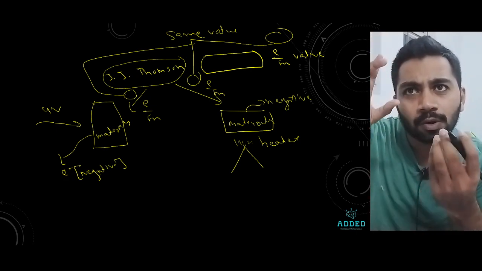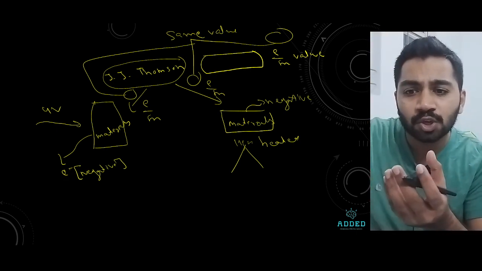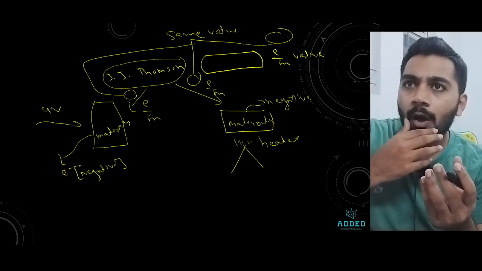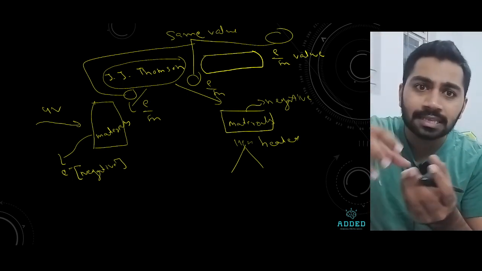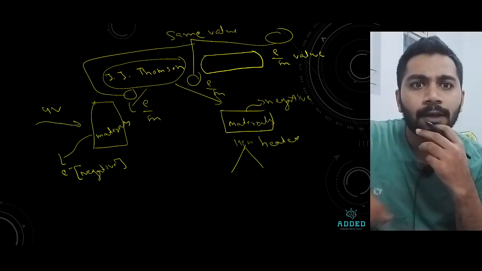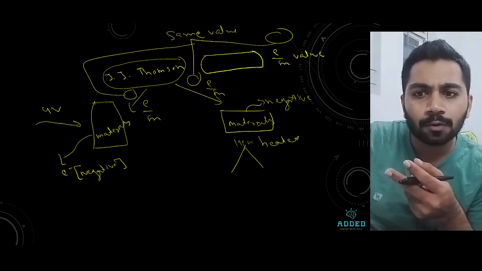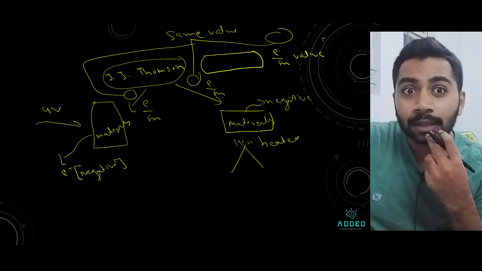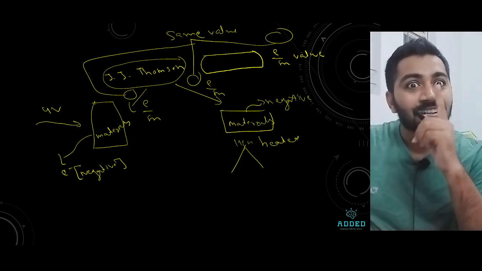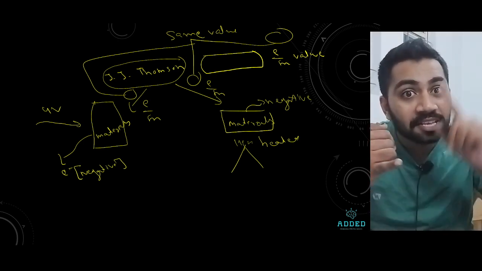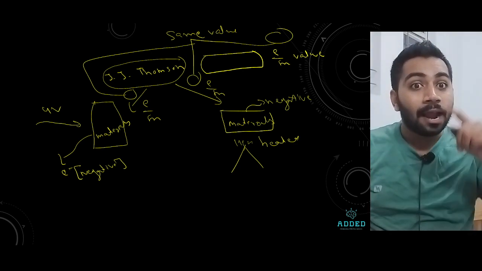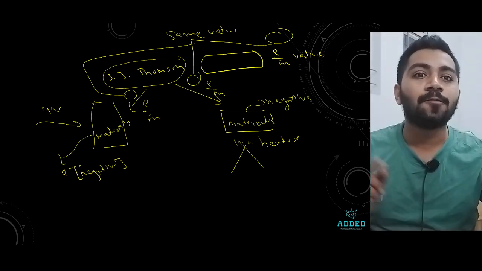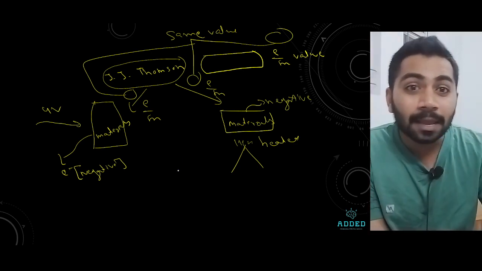That e/m value is the same as for the surface struck by UV rays emitting negative charge. Now this value is the same as the discharge tube e/m value. These both are negative, so that also may be negative, and that is your electron. And it is the same for all. This is how we find the e/m value.